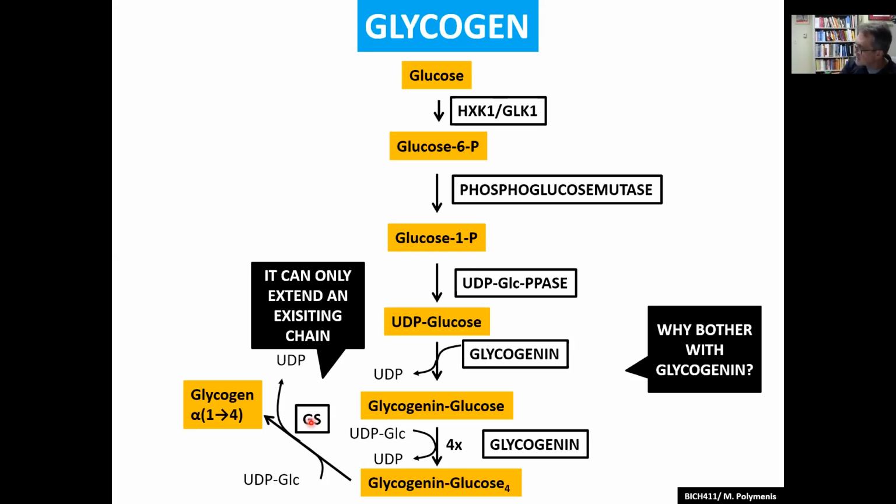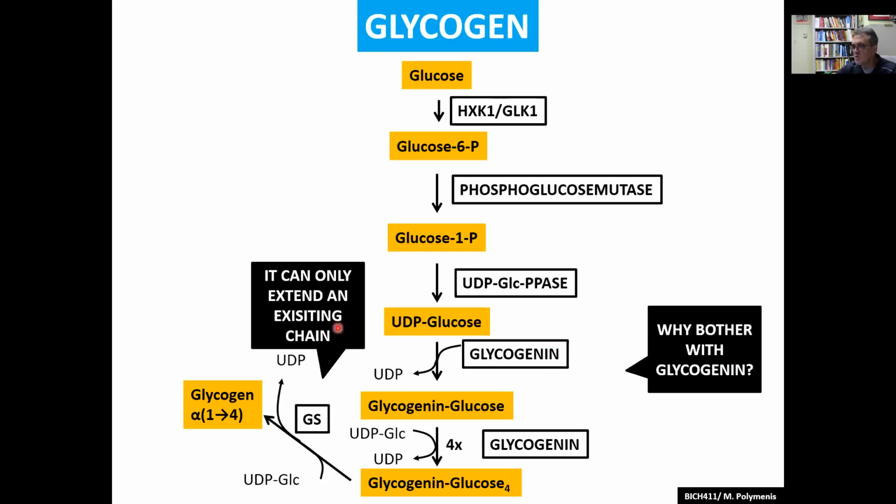It can extend a pre-existing short chain of 4 glucose residues at a minimum, and does it very efficiently, as I said. But it still needs this extra little primer which it can extend. So this is why we need glycogenin.